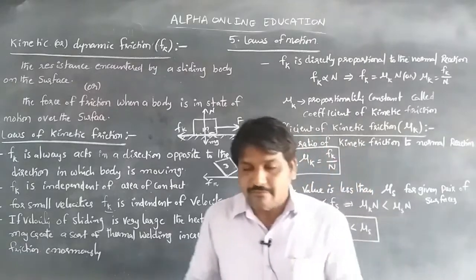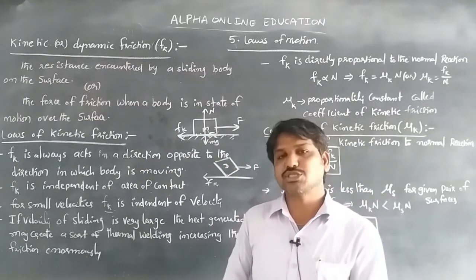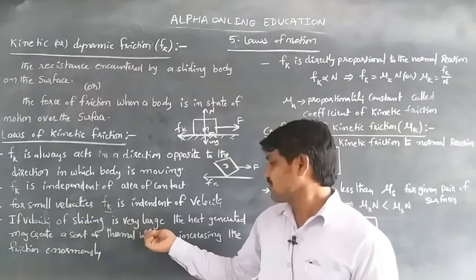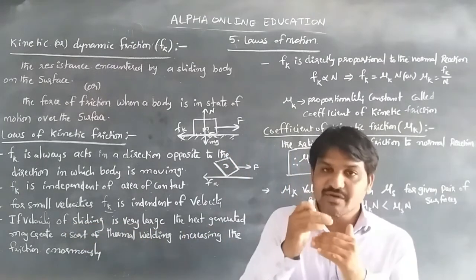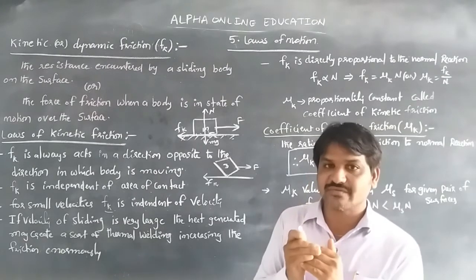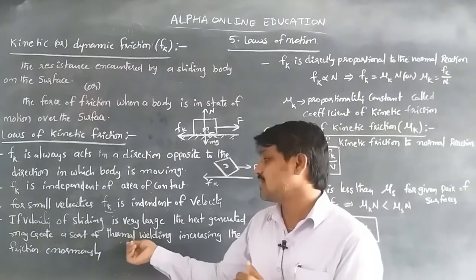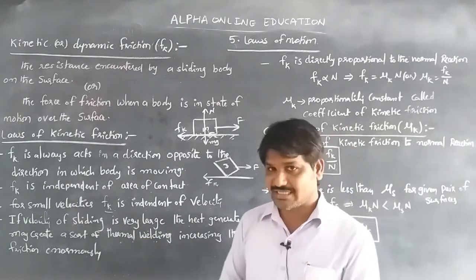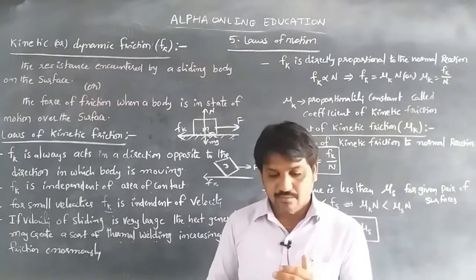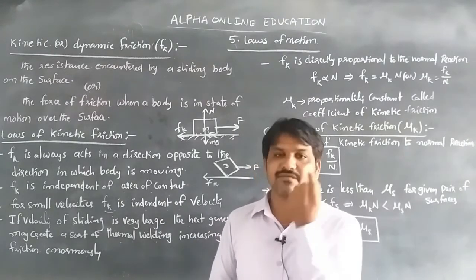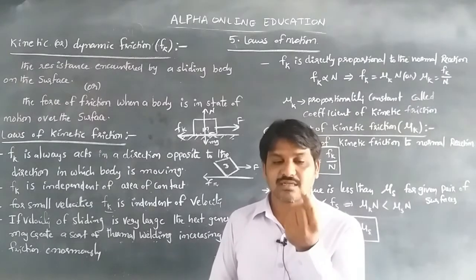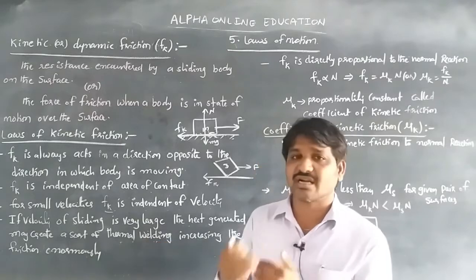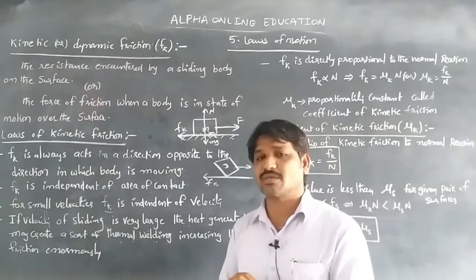If the velocity of sliding is too large, heat is generated between the surfaces, and a sort of thermal welding may be created between the two surfaces, so the frictional force will increase enormously.